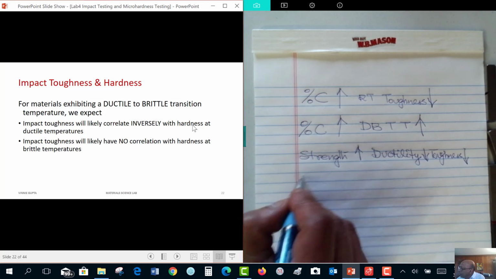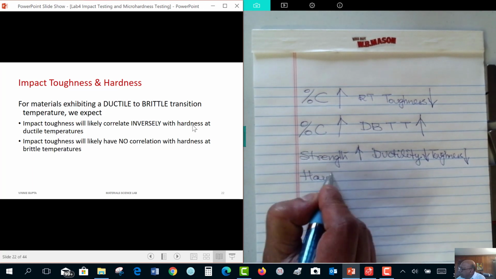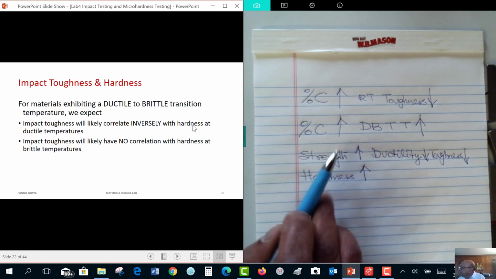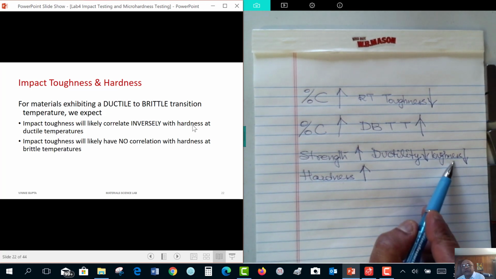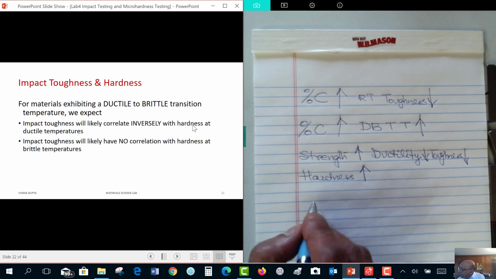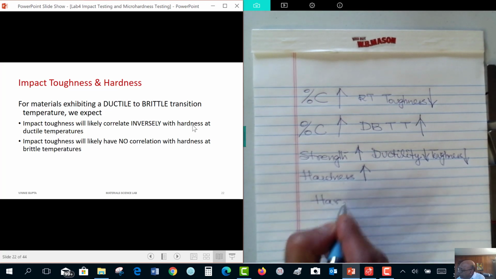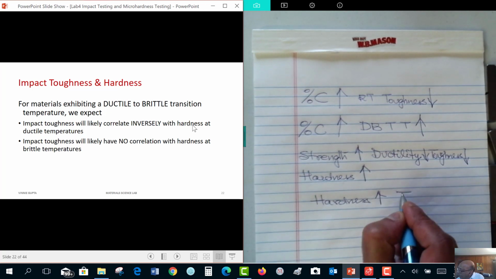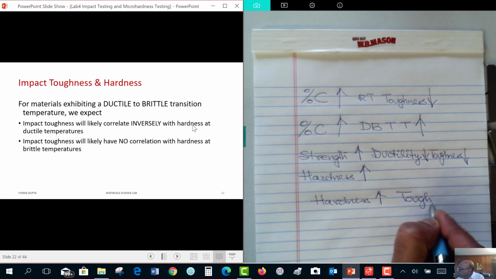And we know strength correlates with hardness. So when hardness increases, strength increases, so toughness should decrease. So our hardness to toughness correlation would be this.